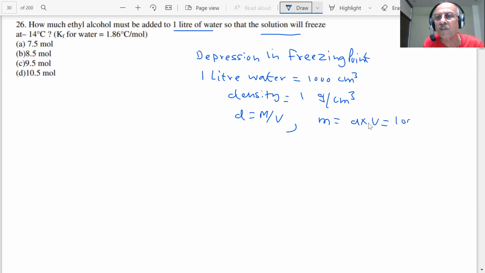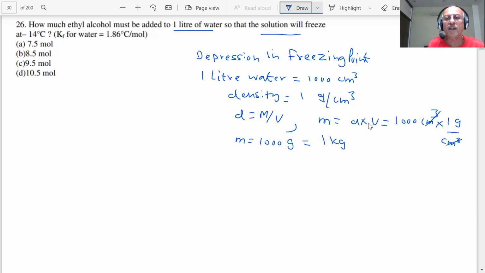So 1000 centimeter cube into 1 gram per centimeter cube gives a mass of water of 1000 grams, which is equal to 1 kg. So we already know we have 1 kilogram of water.